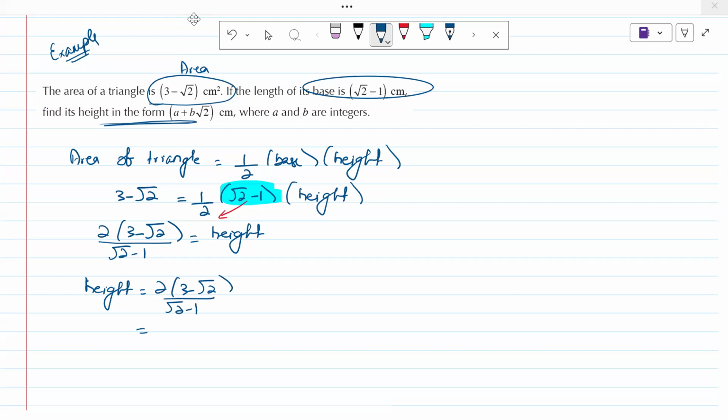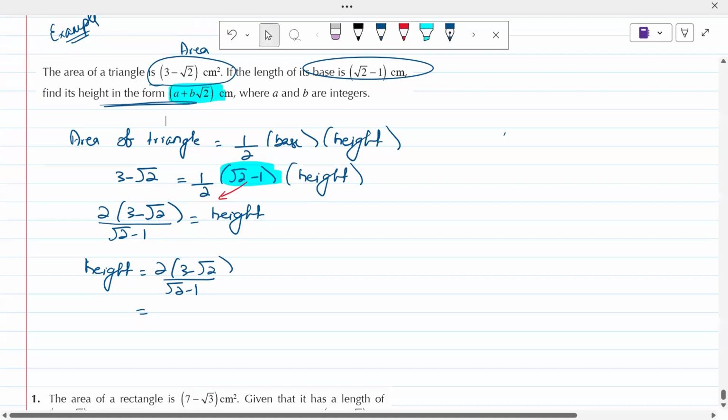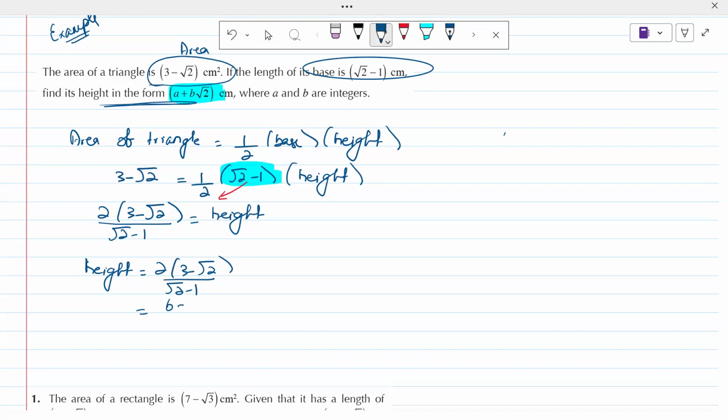Now this needs to be simplified because, look at the requirement of the question. The question says, give your answer in a plus b root 2 form. So that means there is no fraction. This needs to be rationalized. Before rationalization, we can simplify the numerator. That would give us 6 minus 2 root 2 upon root 2 minus 1.